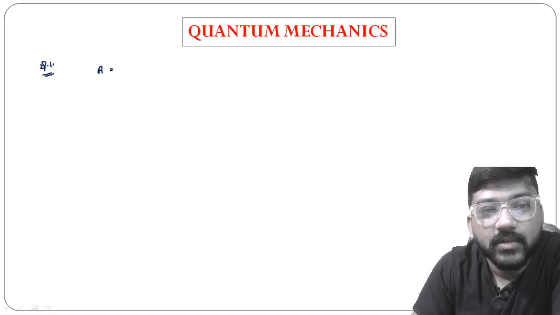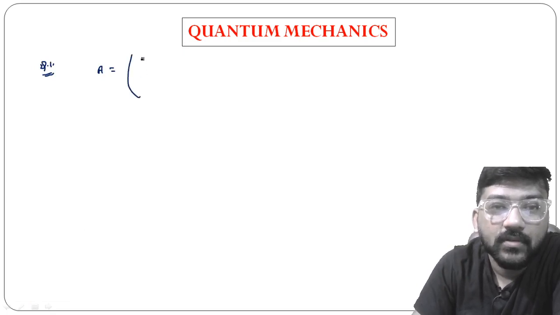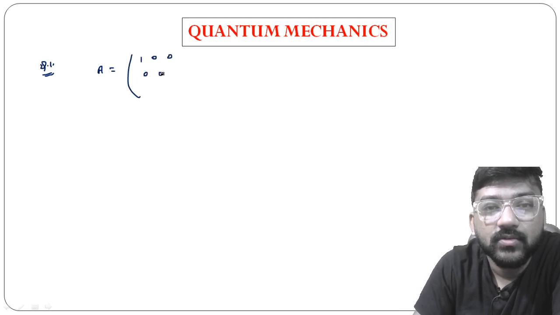Suppose A, that is the operator, is the matrix with rows 1 0 0, 0 0 1, 0 1 0.